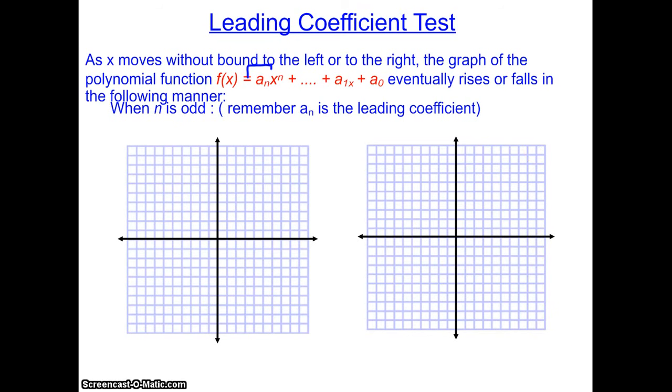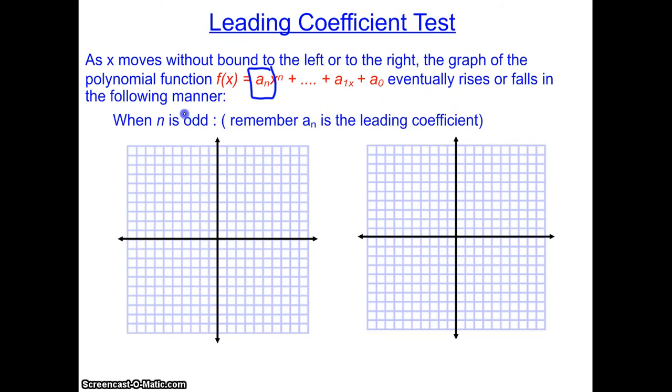The leading coefficient determines the orientation of the graph. Remember that the leading coefficient is the number in front of your highest degree term. So we're just going to look at the odd degrees first. That would be a cubic, a quintic, x to the seventh, and so on.